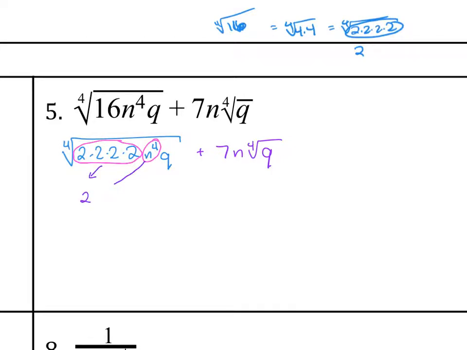The n to the fourth comes out as a single n. Then we're left with fourth root of q. Then bring down the rest, 7n fourth root of q. So everything is the same. Now we just combine like terms. 2n and 7n is 9n. And then you just write the rest, fourth root of q.